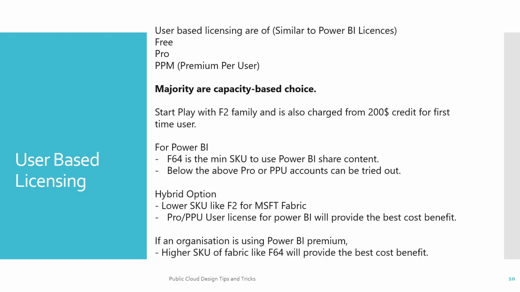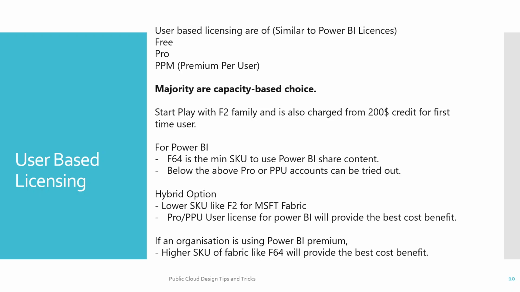Okay, and then if you're using Power BI, and you're using a premium kind of Power BI licensing, then the minimum one is F64, the minimum SKU that it comes with.